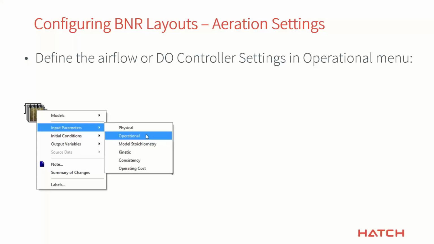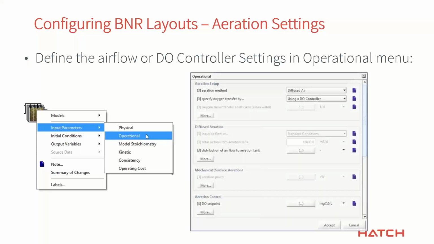On to the third one now, the aeration settings. Those are the things that are going to control how much oxygen is there, which therefore controls whether this is an anaerobic, anoxic or an aerobic system. So same menu as we were just looking at, input parameters, operational. And then here is where you'll find all the settings for the aeration.